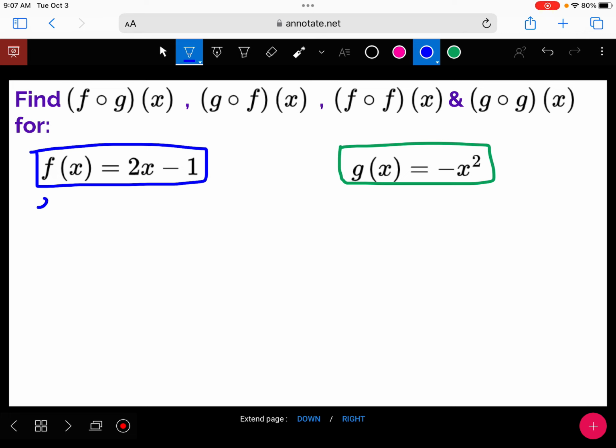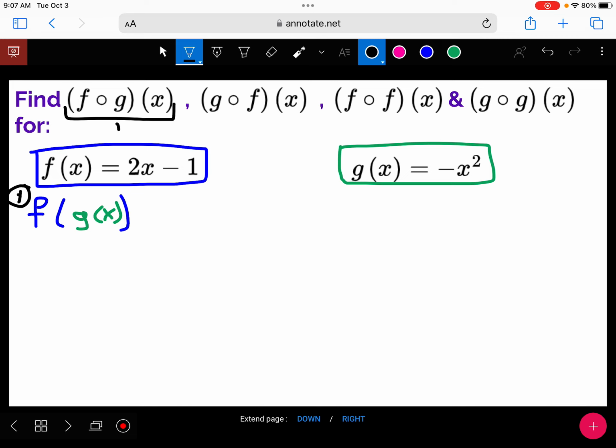So our first one we're going to do is f of g of x. That's this guy here. This one's number 1. Boop, 1. They mean the same thing.